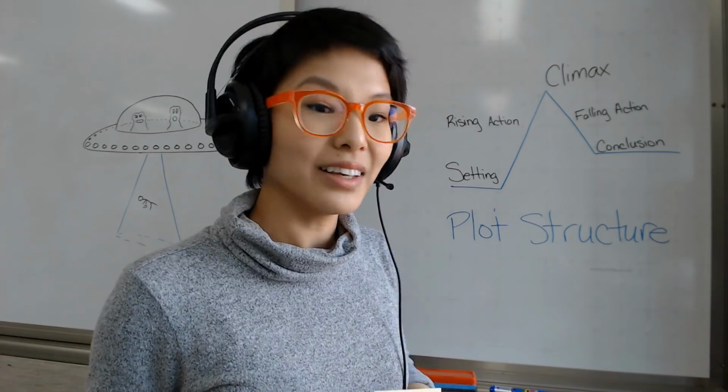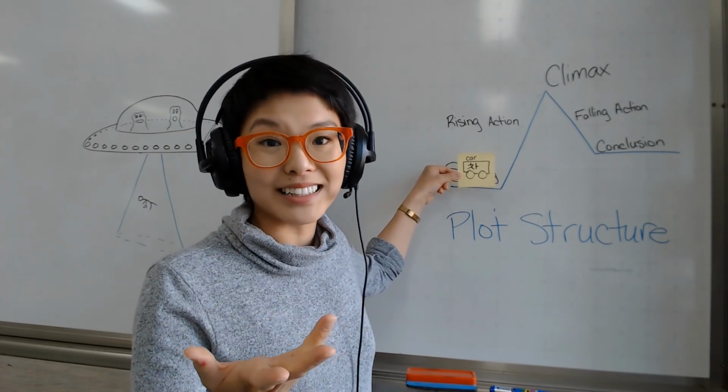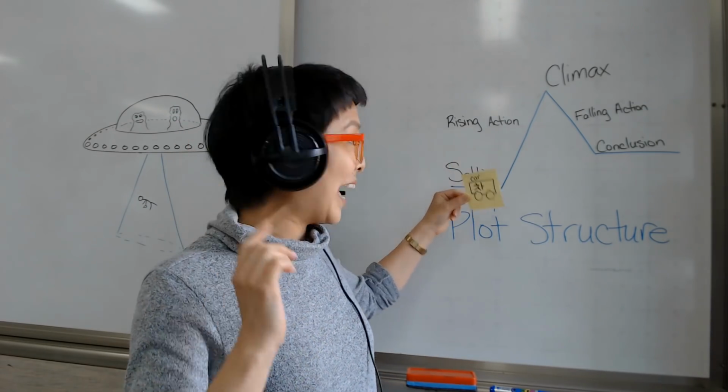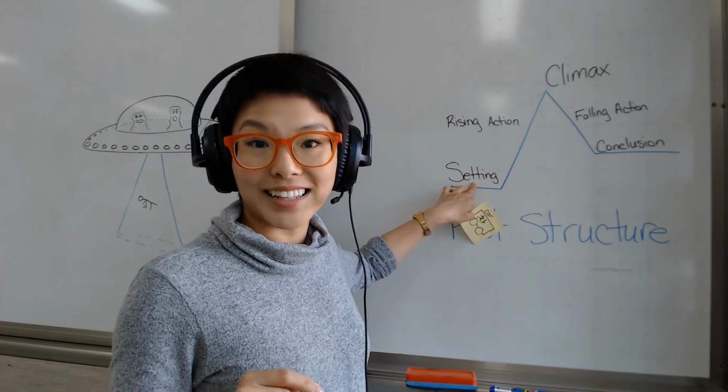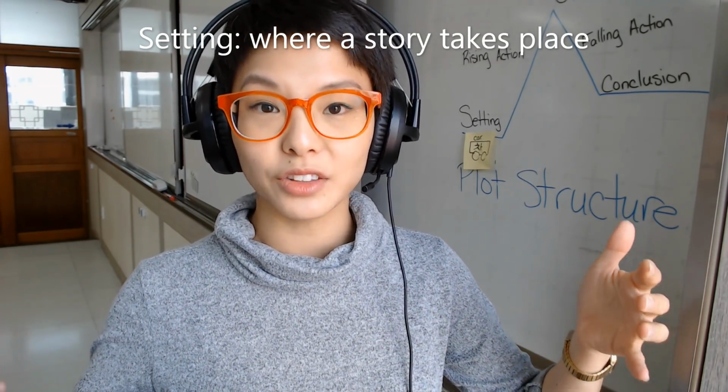So where are we on our map? We are at the beginning of the story, at the beginning of Fortunately the Milk. So we are at the setting. What is the setting of a story? The setting is where a story takes place.